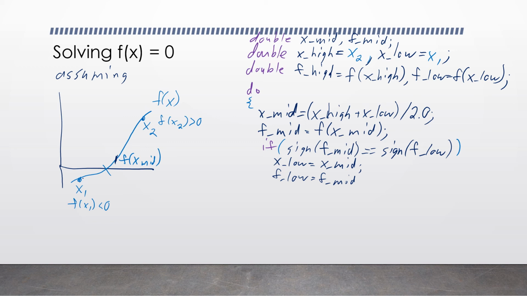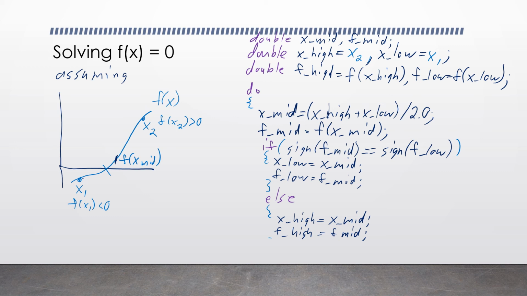Else, we don't need an if because the other option is that f of x is on the other side. X high equals x mid, and f high equals f mid.